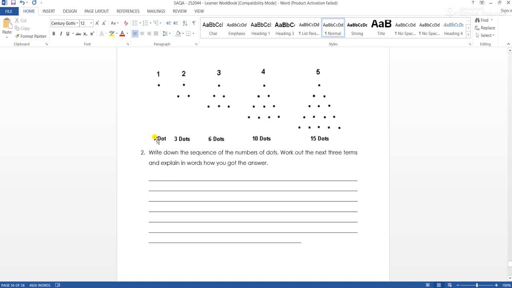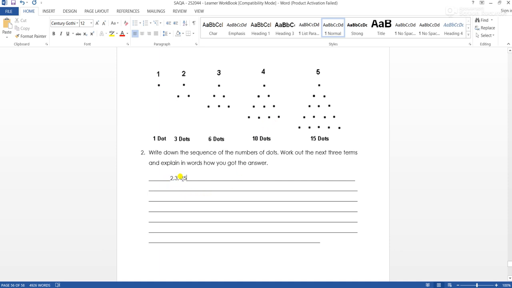From 1 to 3 is 2, and from 3 to 6 it's 3, and from 6 to 10 it's 4, and from 10 to 15 is 5. So as you can check, the pattern or the series that they add uses the difference to add the dots.